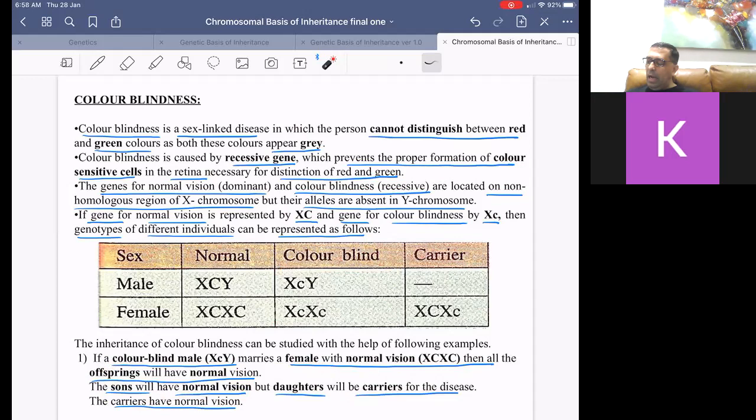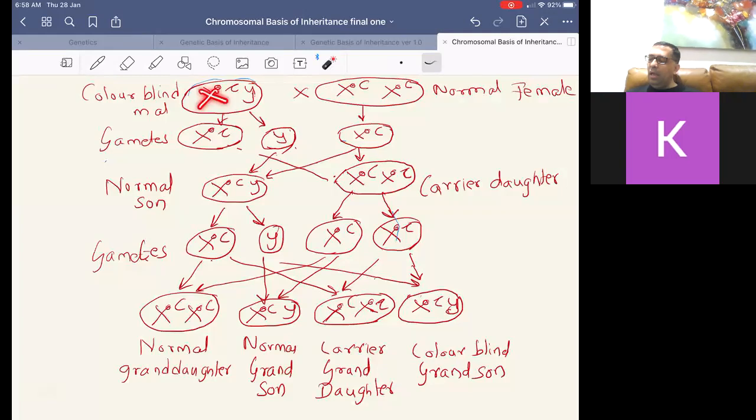So, once again, a colorblind male marries a female with normal vision. We have a colorblind male, X small c Y, marrying somebody with normal vision, X capital C X capital C. So which gametes will be formed?